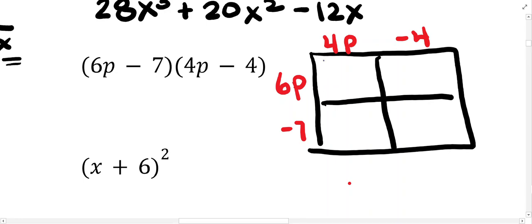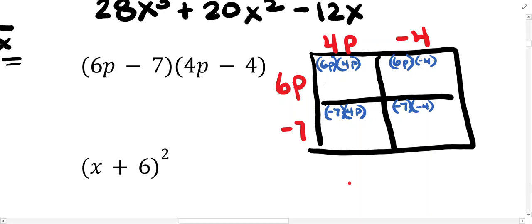Over here, you're going to do 6p times 4p. Over here, 6p times negative 4. Over here, negative 7 times 4p. And over here, negative 7 times negative 4. I guess you can wrap all of them in parentheses, it really doesn't matter. Okay, so this is what you're doing.